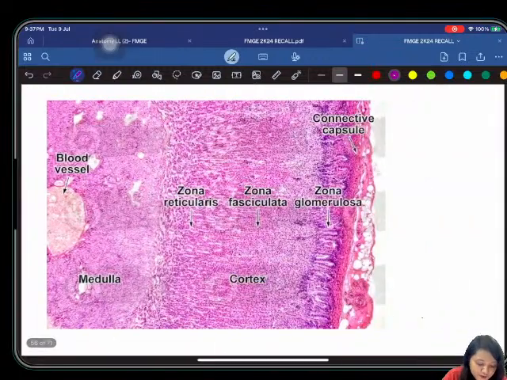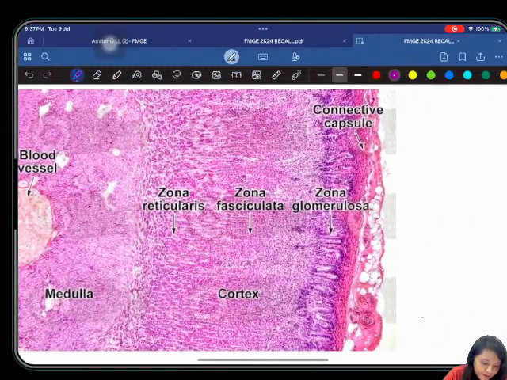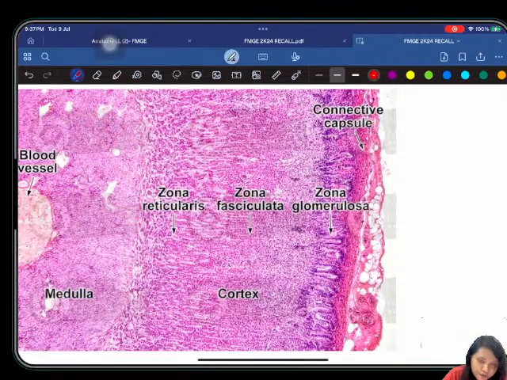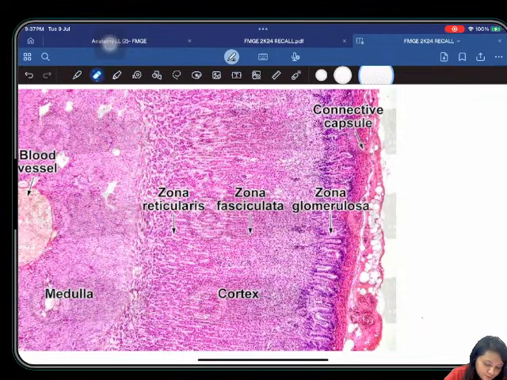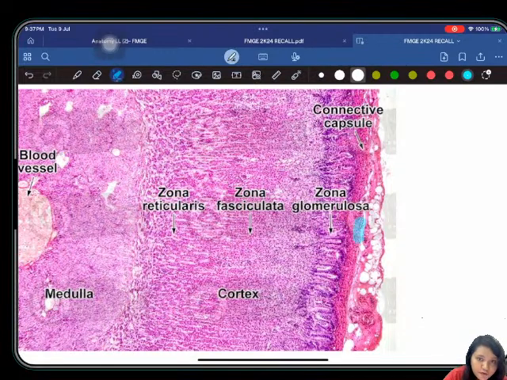So here also you can see this area will be the capsule. Then you have the zona glomerulosa, then the zona fasciculata, after that comes the zona reticularis.